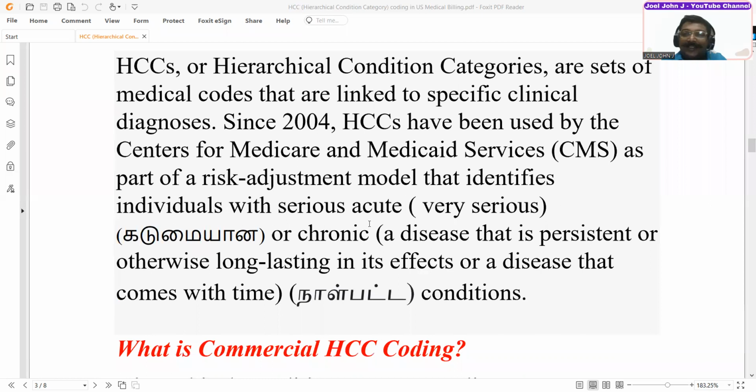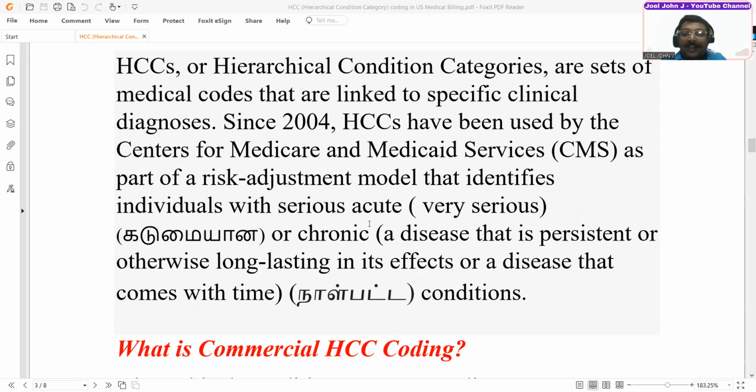Serious acute means a very serious condition. In Tamil we call it kadumayana noi. That's called an acute disease, or chronic, that is a disease that is persistent or otherwise long-lasting in its effects, or a disease that comes with time.